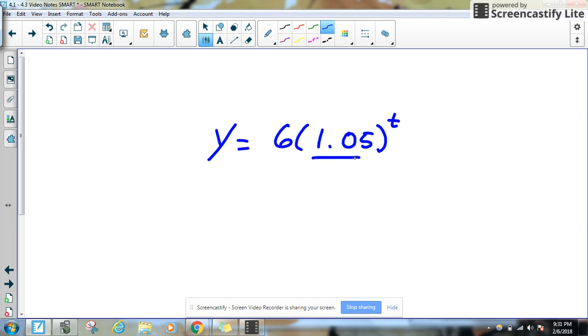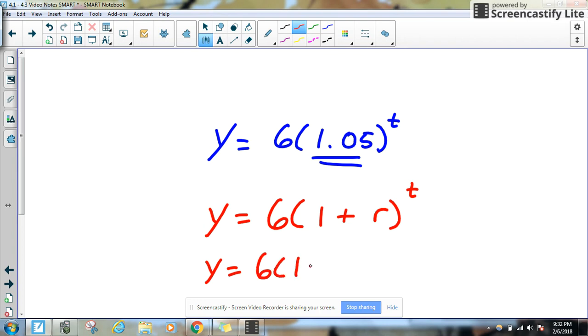Now this is growth because the value of b is greater than 1. The question is, if you were to think about it like 1 plus r raised to the t, what would this r have to be in order for this formula to equal 1.05? The answer is simply 0.05, because y equals 1 plus 0.05 raised to the t is equal to this formula, because 1 plus 0.05 gives you 1.05.